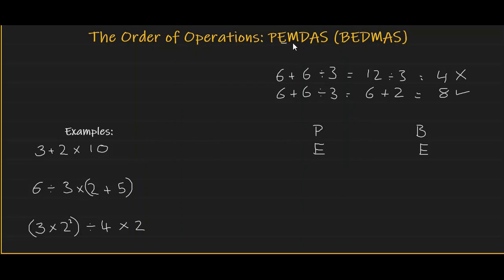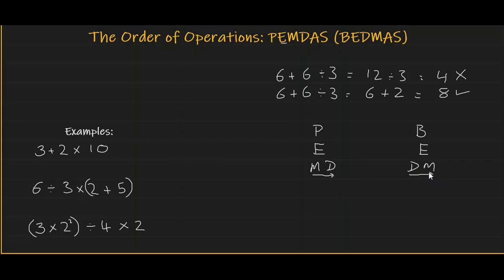Third would be either multiplication or division, or in this case, division or multiplication. So multiplication and division do not have a superiority between them in terms of which operation to choose first. The way you decide between multiplication or division is you look at the equation and you go from left to right.